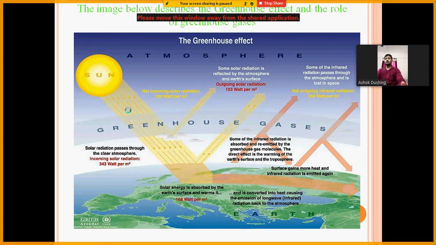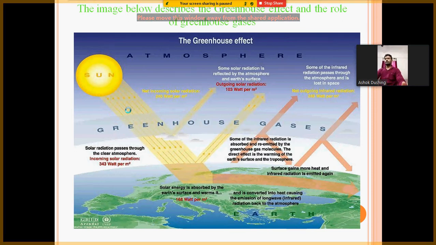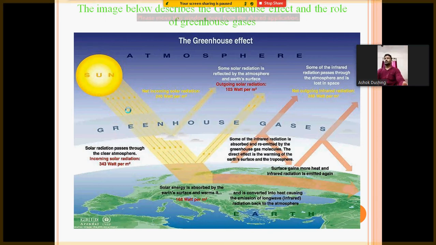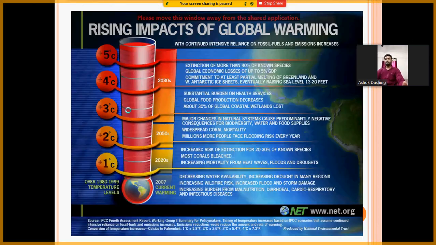The direct effect is the warming of the Earth's surface and the troposphere. Solar radiation is reflected by the atmosphere and Earth's surface. Outgoing solar radiation is 103 watt per meter square, and some of the infrared radiation passes through the atmosphere and is lost in space. Net outgoing infrared radiation is 240 watt per meter square.